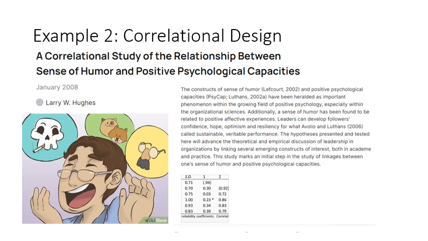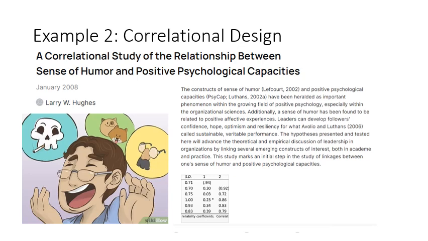So in that first part, they're establishing the importance of the study, saying it matters. Leaders can develop followers' confidence, hope, optimism, and resiliency for what Avolio and Luthans called sustainable verifiable performance. Now they're making a point that this even seems to impact performance.